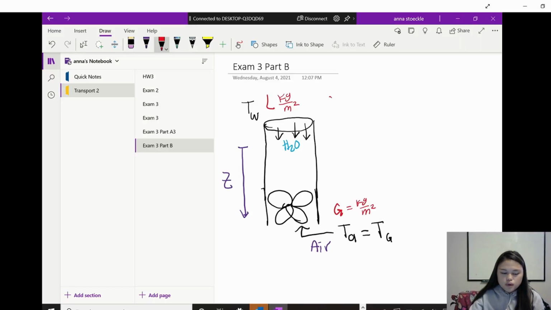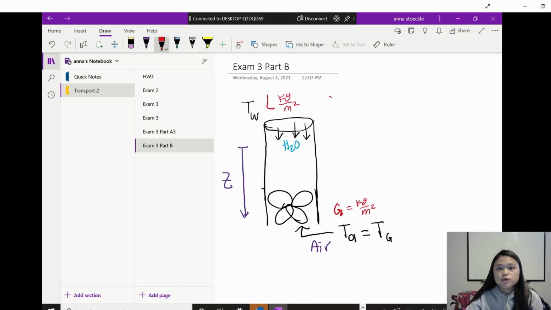What we're trying to do is cool the water by evaporation. But if the air is fully saturated, then the cooling will be done purely by heat exchange between the water and the air, because nothing will be able to evaporate more into that air.